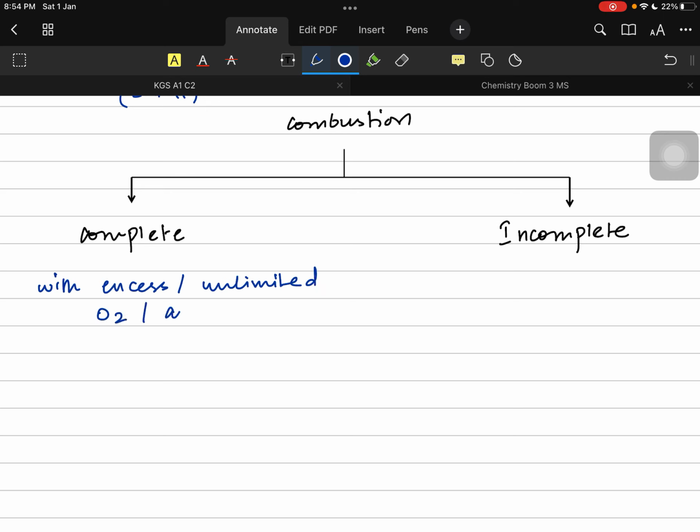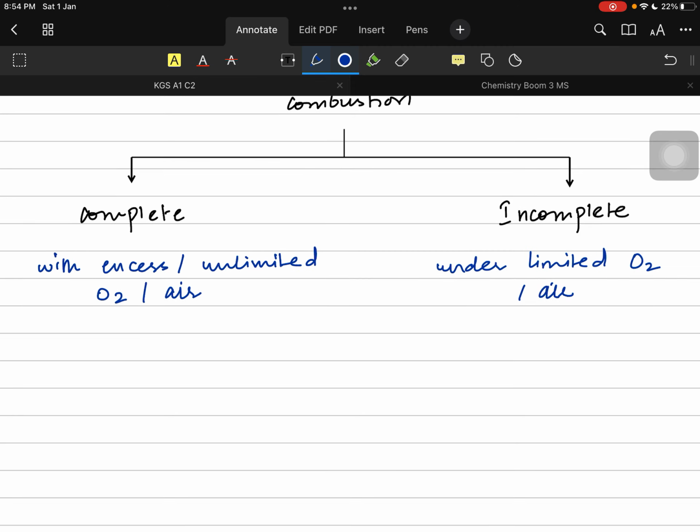Or you can say even air, because even air has oxygen, right? Incomplete combustion happens under limited supply of oxygen or air. In complete combustion, you get a hydrocarbon reacting with enough oxygen to give you carbon dioxide and water.